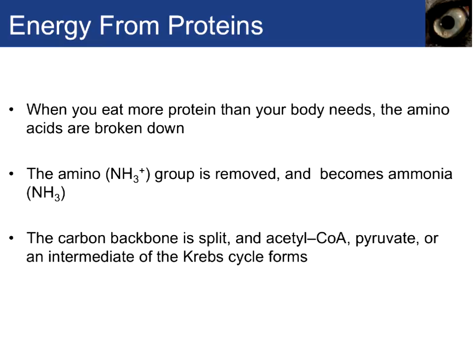These last couple slides were just showing that all these different things that you eat can enter cellular respiration at different points in that pathway. Again, the triglycerides from fats can enter into the Krebs cycle, and then proteins can be broken down and can enter different parts of the Krebs cycle and cellular respiration.